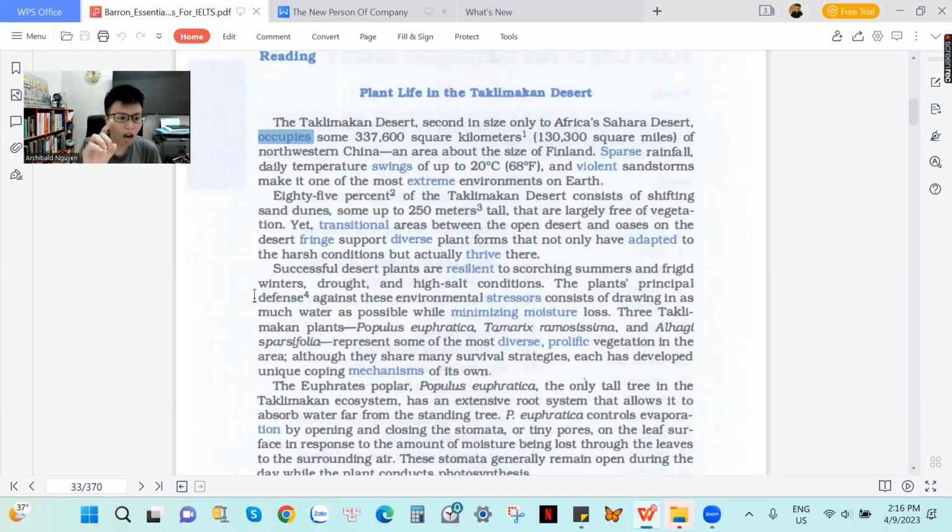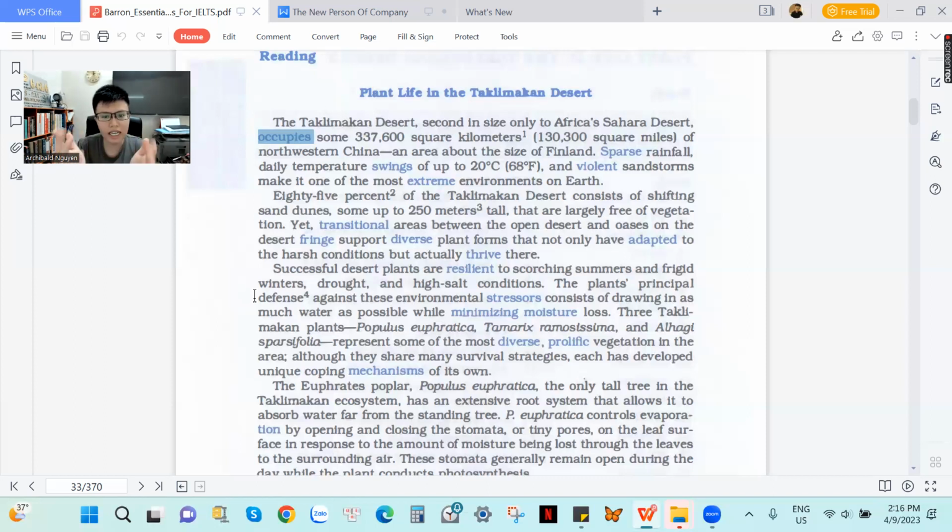Second example for the word occupy when it comes to place, like this working desk, this bookcase, they occupy a lot of space in my room. They occupy like half of the space in my room. That is the word occupy. You think of the word occupy when you want to mention the time or the space of something.